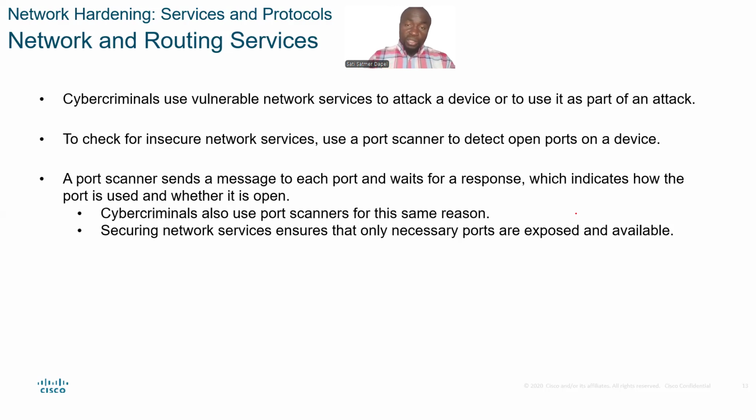Then layer 2 is the data link layer. Layer 3 is the network layer. Layer 4 is the transport layer. Layer 5 is the presentation. Layer 6 session, and layer 7 is the application. Those layers explain the concept of how devices communicate from source to destination.